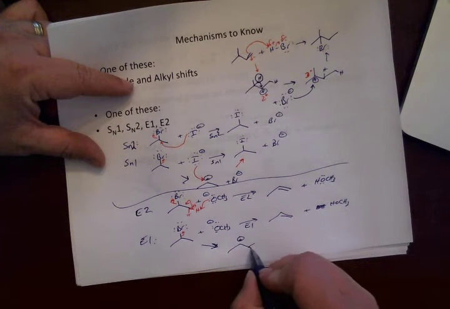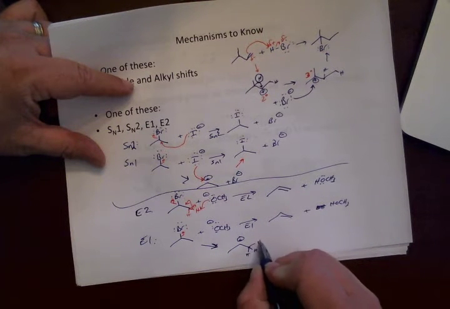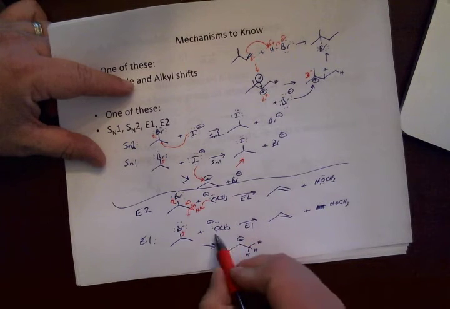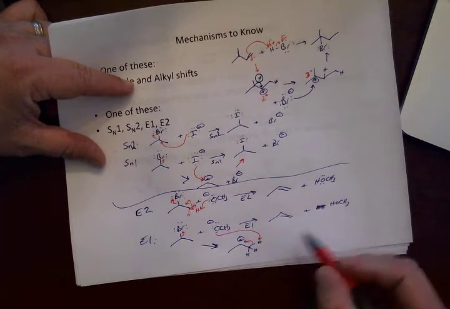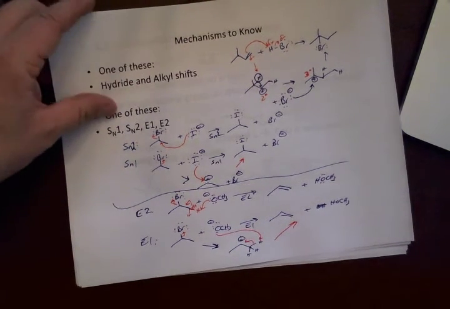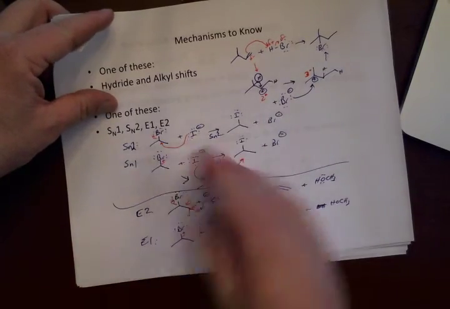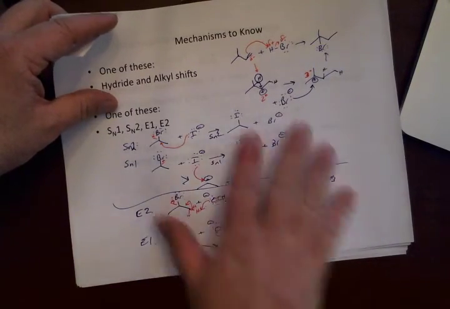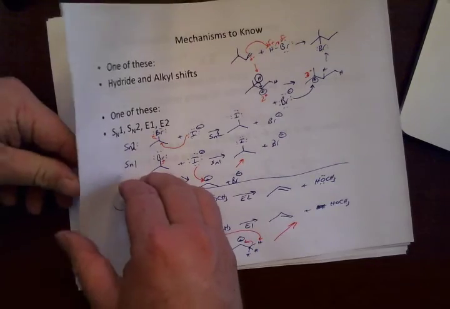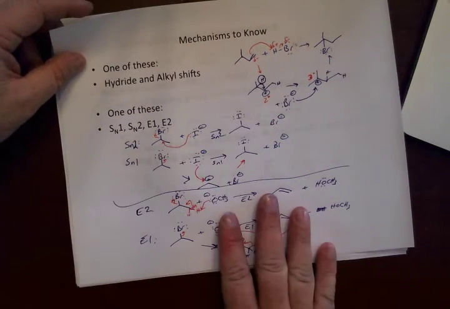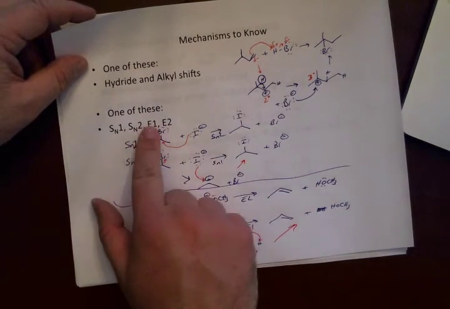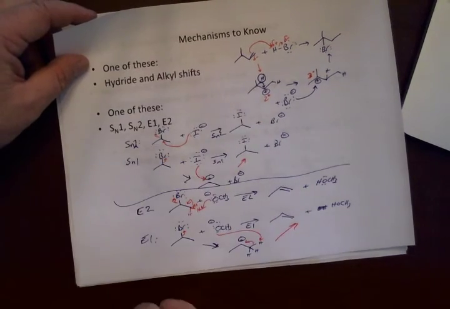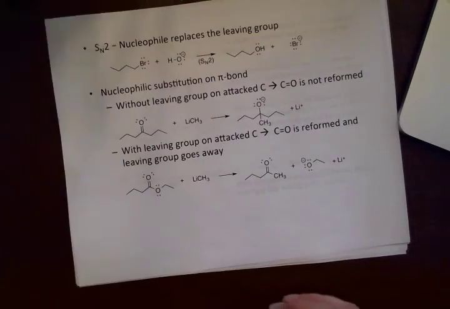You give that. Now the base comes in, grabs the hydrogen, and that collapses down to make that. So if you can do these, I'm going to give you one of these. Now, the molecule is going to be a little different, but you need to know them. I'm going to give you one of those. I'm going to give you one of these. So you need to know them.